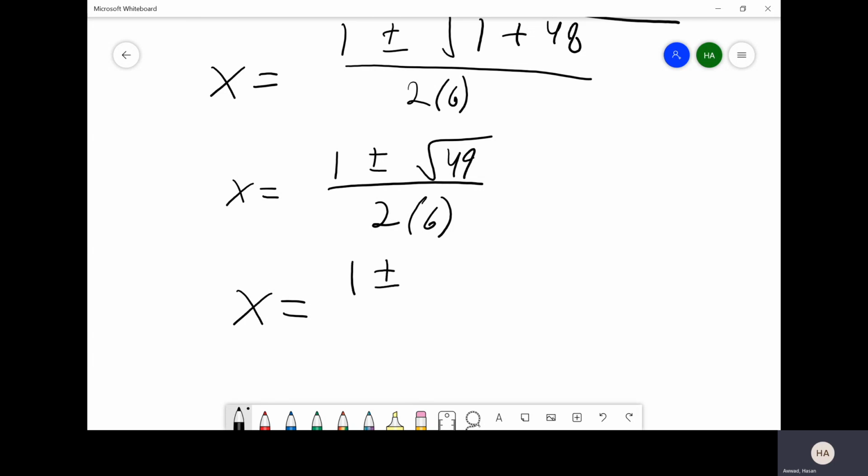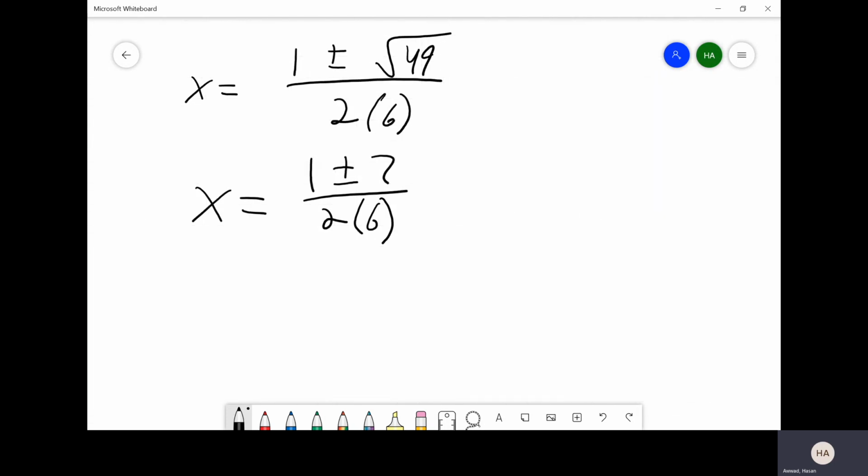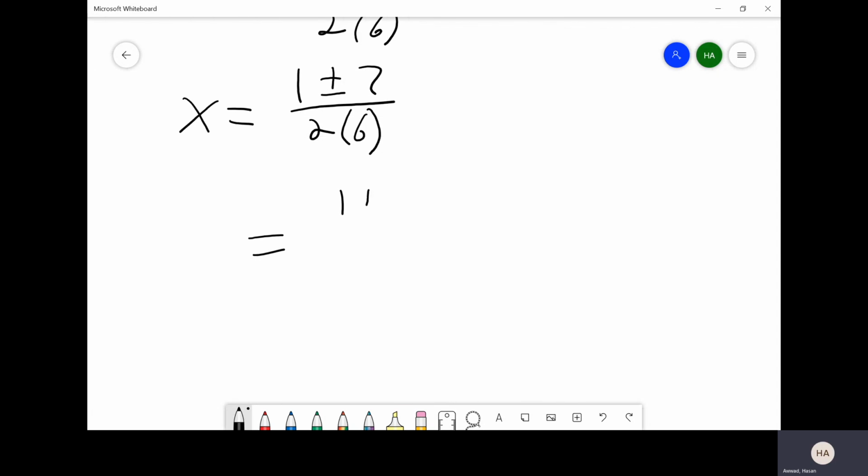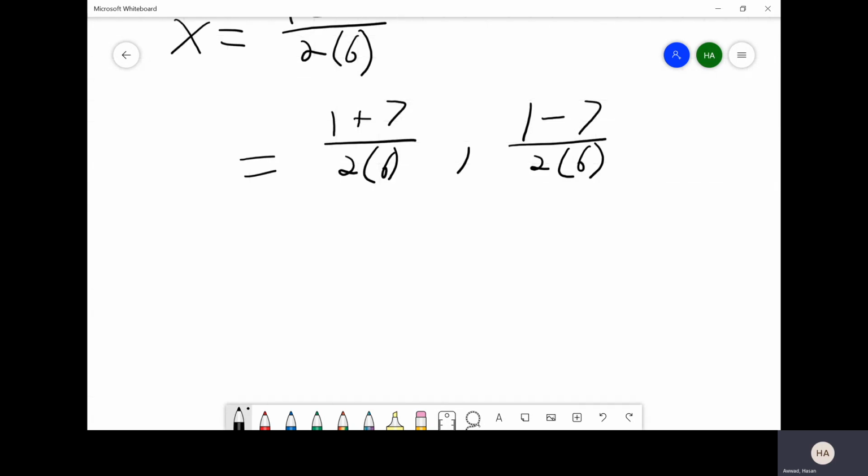So we have 1 plus or minus 7 all over 2 times 6, right? And this we know is going to give us two different solutions. So we have 1 plus 7 all over 2 times 6, and then 1 minus 7 all over 2 times 6. And finally, we get 8 over 2 times 6 and negative 6 over 2 times 6.